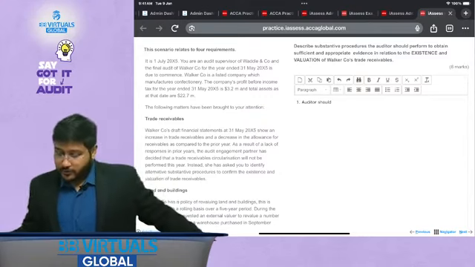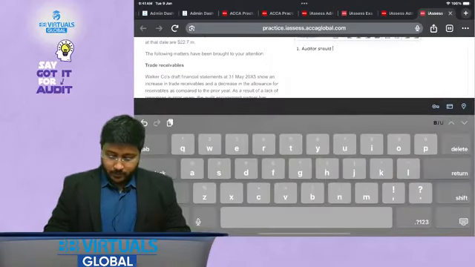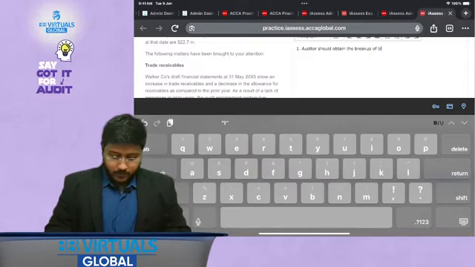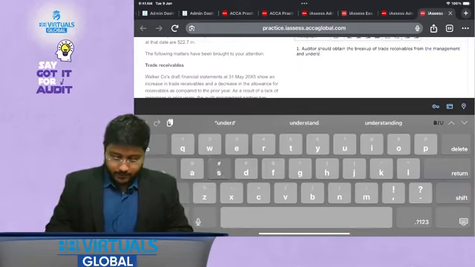Okay, so how we should do? Auditor should obtain the breakup of trade receivables from the management and understand the nature of trade receivables.